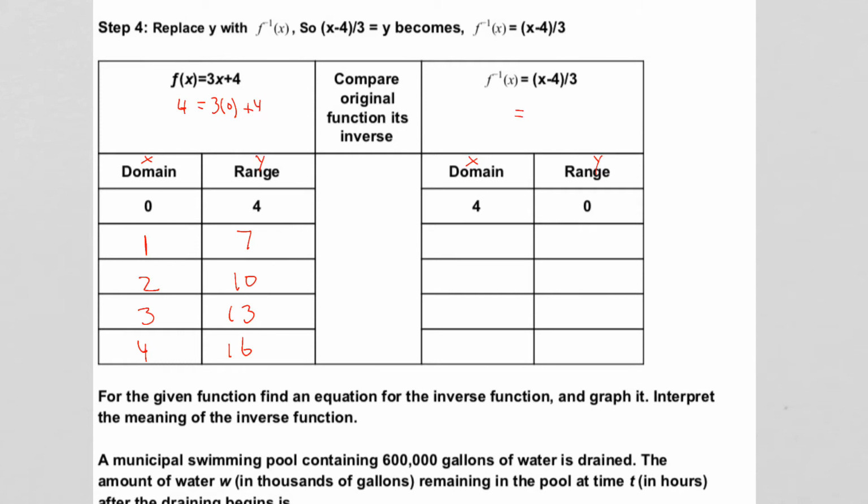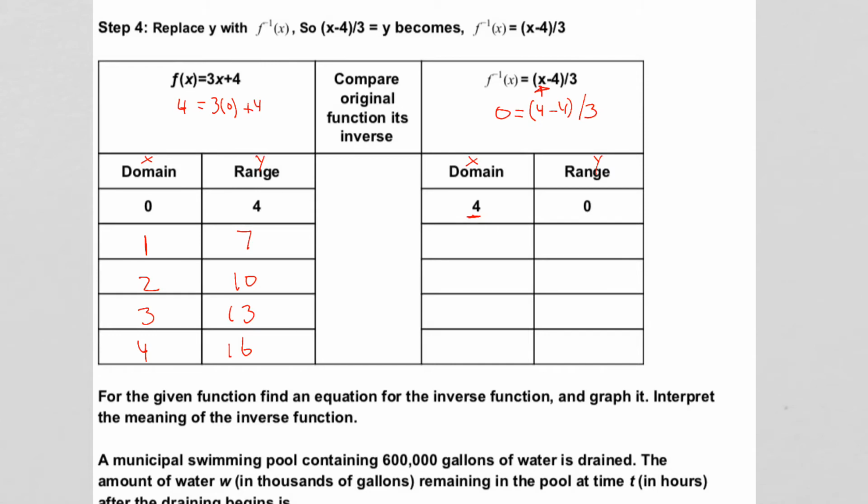So if I put in for x, 4 minus 4 divided by 3, that's going to be 0 divided by 3. What does that equal? 0. So what about 1? Now actually, I shouldn't try 1.